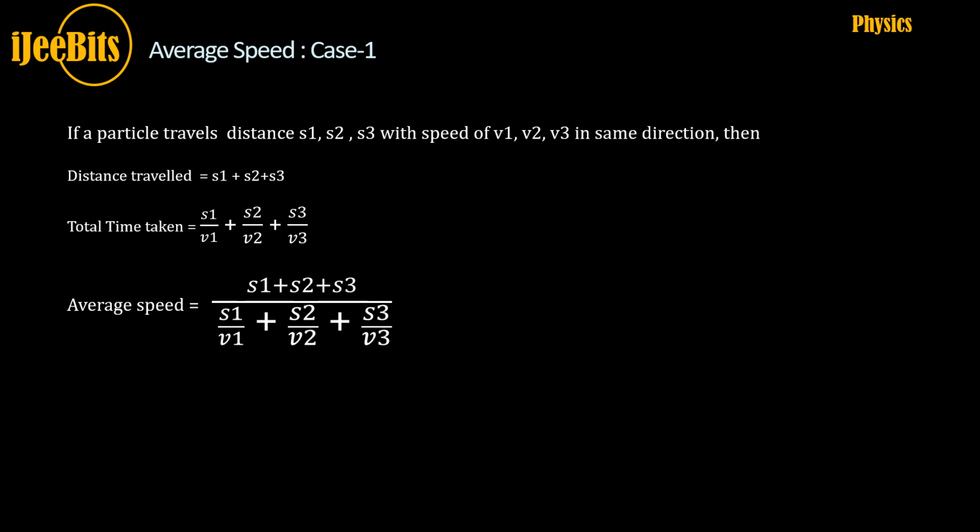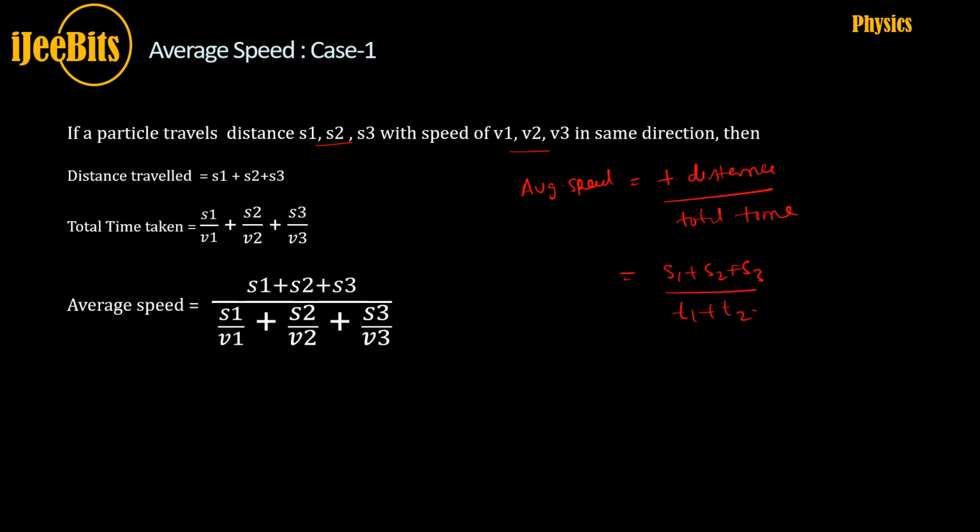Always remember, average speed equals total distance by total time. The distance we know anyway, S1 plus S2 plus S3. But what we need to know is the time. We don't have the time, because we have distances and velocities. So in order to calculate the time, we need T1 plus T2 plus T3, right?